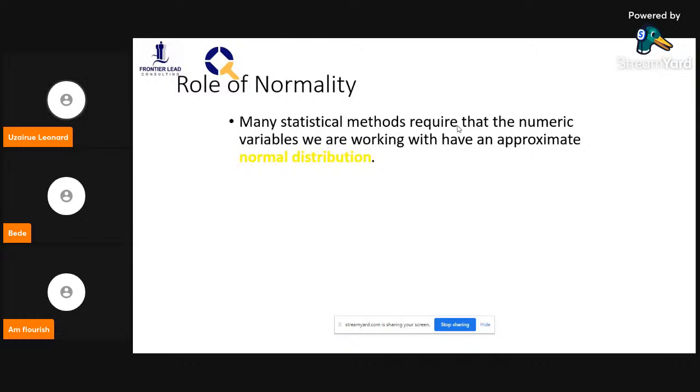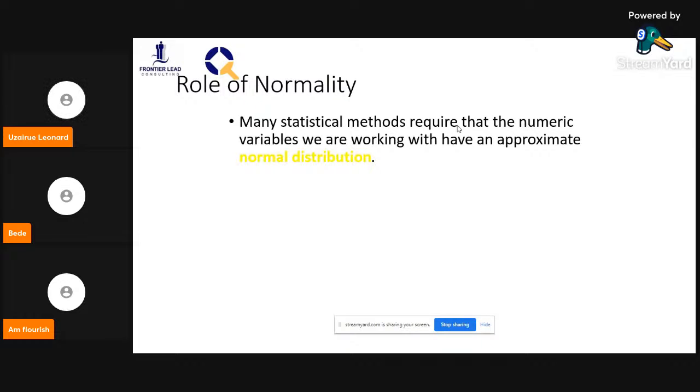Now, when we talk about normality test, we know that many statistical methods require that the numeric variable that we are supposed to work on has an estimate of normal distribution.